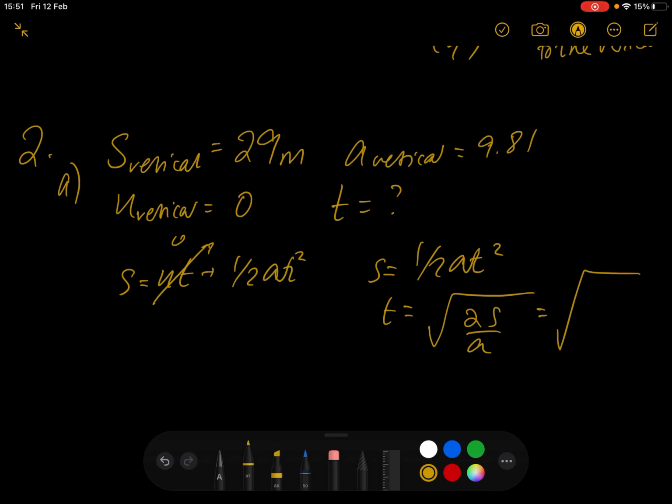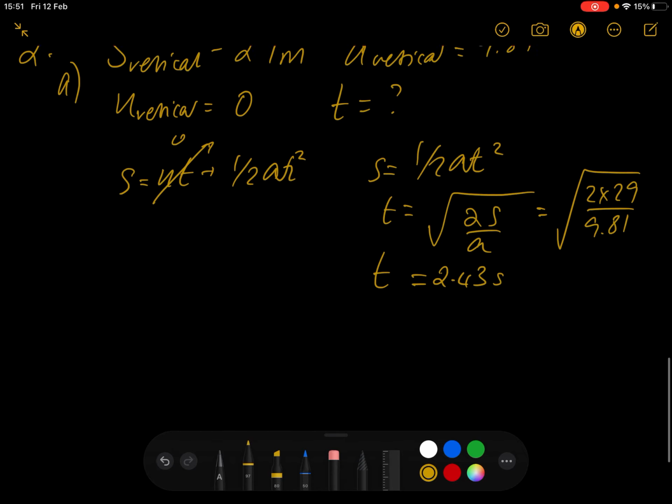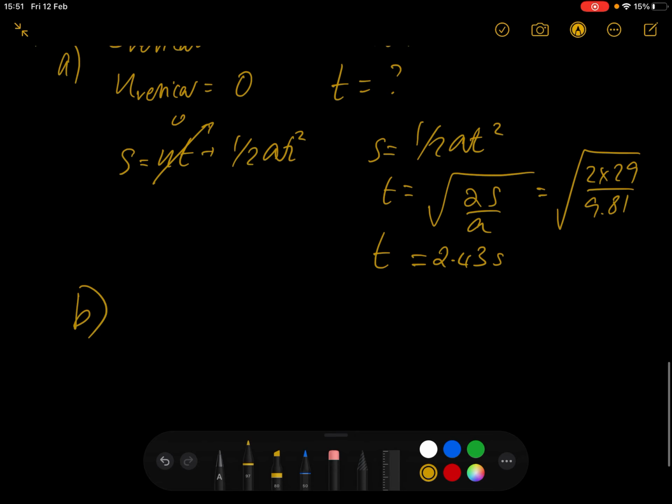It's the square root of 2 times 29 over 9.81. Put that in the calculator. I make that 2.43 seconds. So t equals 2.43 seconds. And remember, t is consistent for both horizontal and vertical motion.